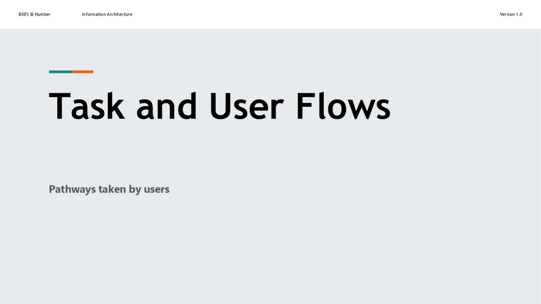Okay, so let's move on to the topic. The task and user flow is the next level of detail. Now we went from IA, information architecture. We've designed the IA for the zoo, and some of you have a level 1 called tickets, then level 2 and level 3 for that specific section.